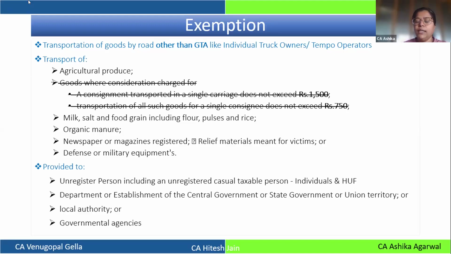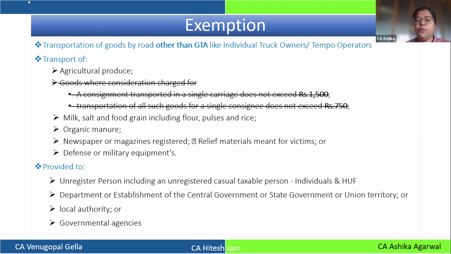Two years back only, under GTA, the government has said that the GTA has to provide in writing a letter stating whether they are going for FCM, that is forward charge mechanism, or they are going for RCM, reverse charge mechanism. So those in the transport industry were required to give this declaration. And based on that declaration, the things will proceed.